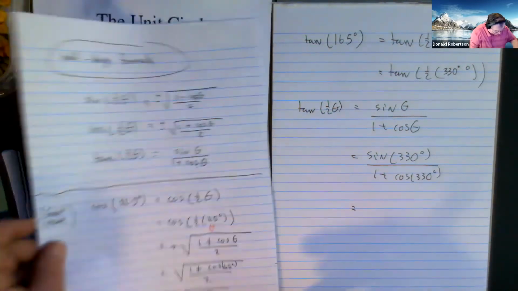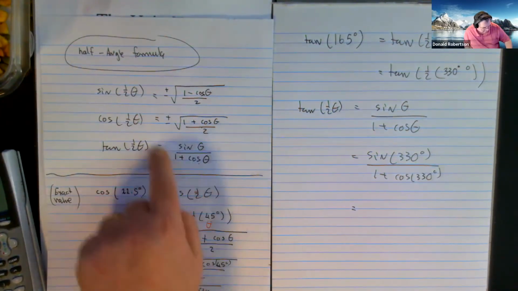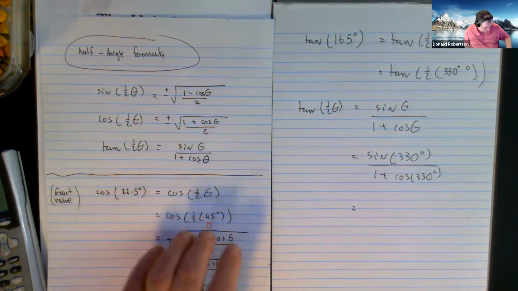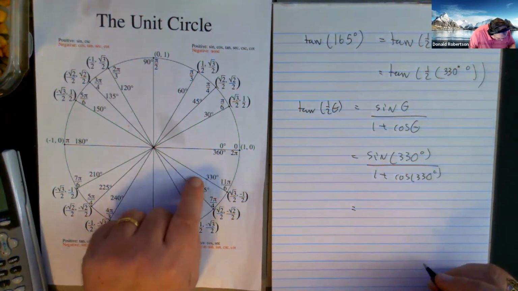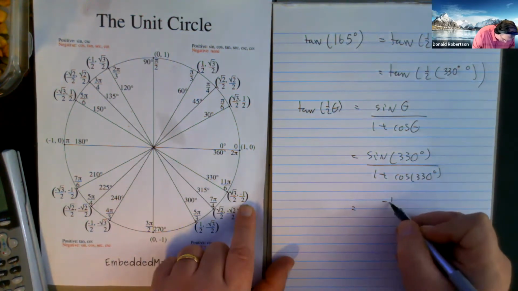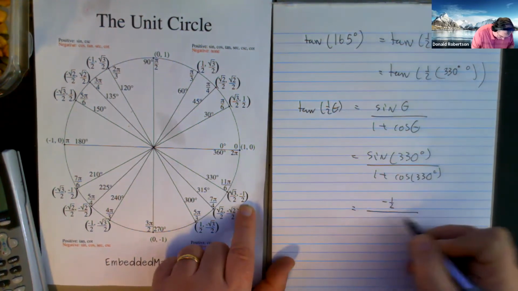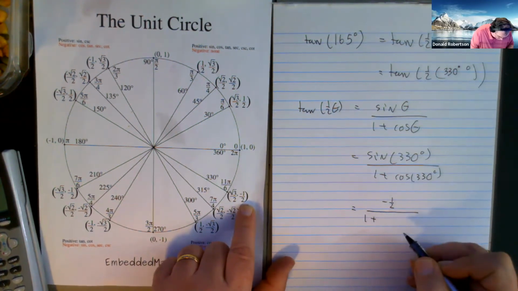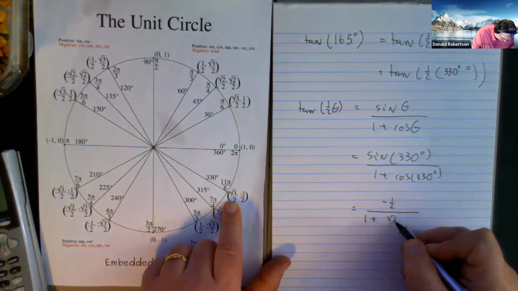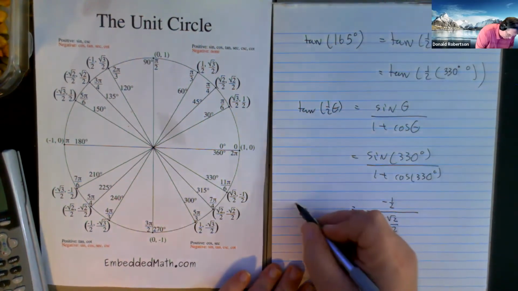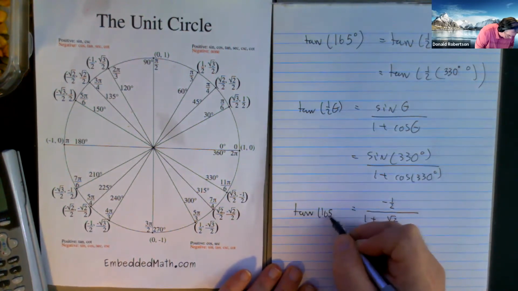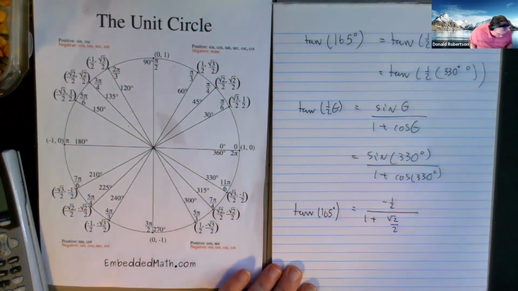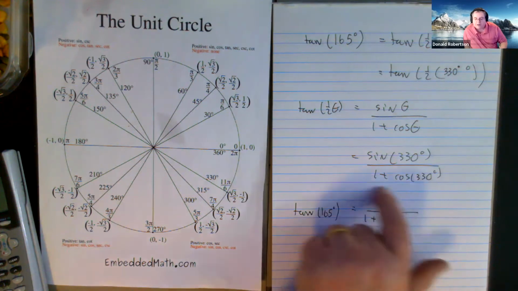When you do the half angle for a tangent, you don't need to worry about the sign. It's included in the formula. If I look for the sine of 330, it's negative a half. And 1 plus the cosine of 330 is 1 plus root 3 upon 2. So the exact value of the tangent of 165 degrees is this ugly guy.